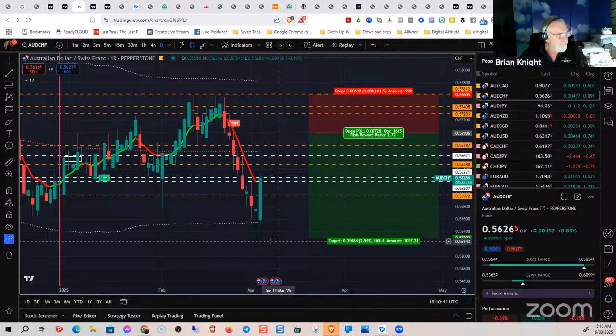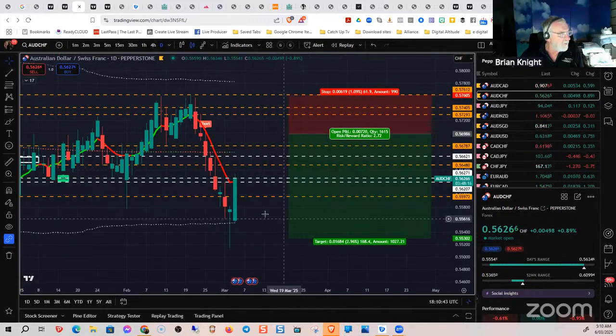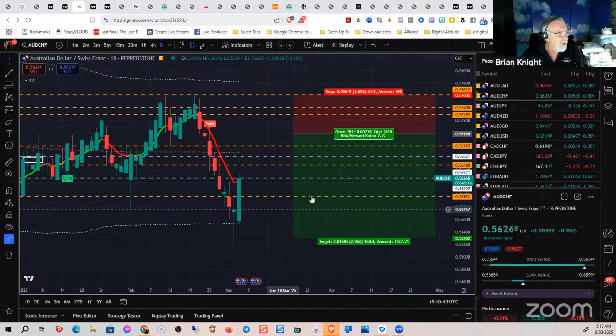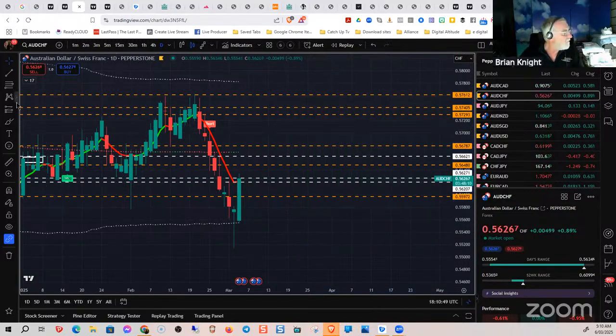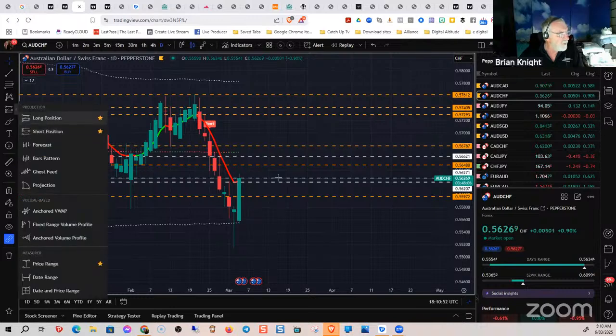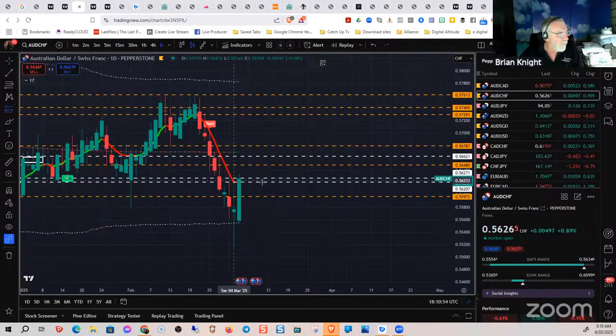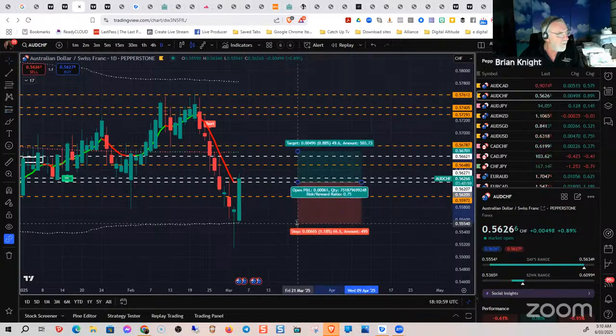So I'll be looking at this buying, but I'll take this off because now I wouldn't necessarily be in it, but it depends on if the green comes in here.